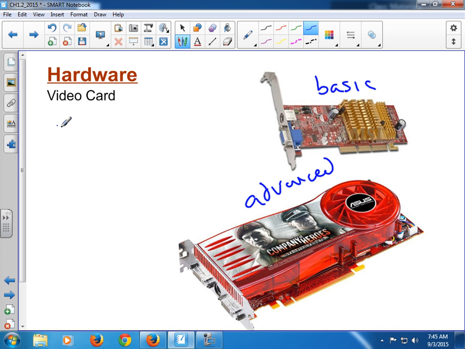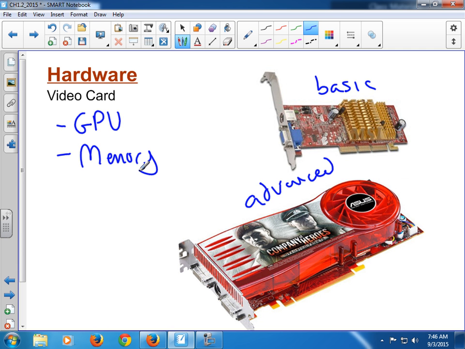Okay? A computer has a CPU, a video card has a GPU. So this is a graphics processing unit, okay? So it's got its own brain to it on its own, okay? And just like a computer, a video card requires memory for that graphics processor to function.